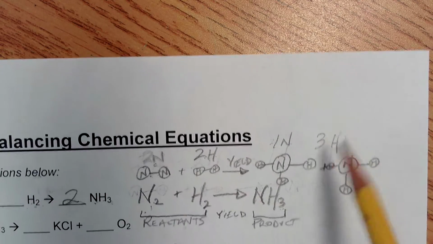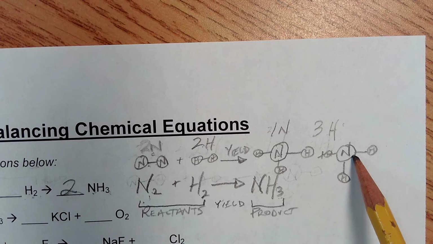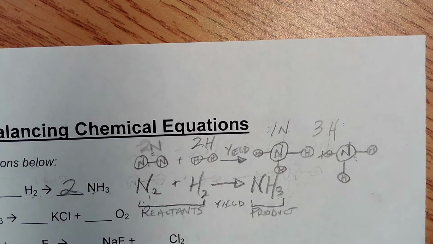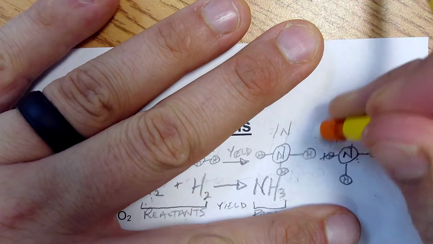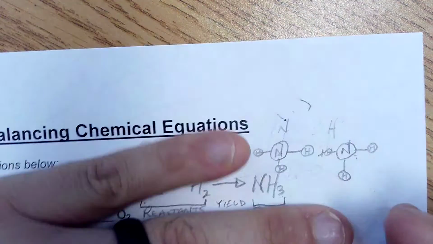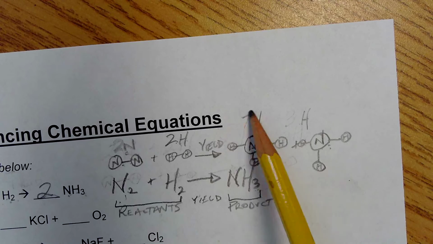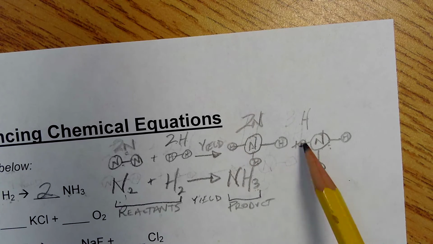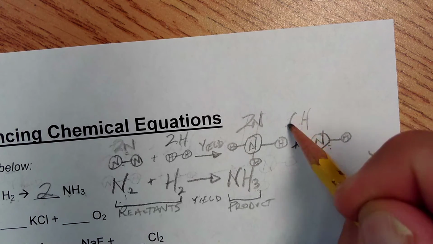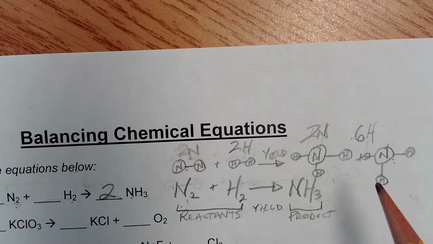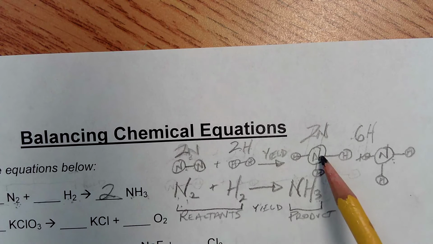Here's 1, and here's 2. And in doing so, I've actually changed the number of hydrogens and nitrogens. Now I have 1, 2 nitrogens, and 1, 2, 3, 4, 5, 6 hydrogens. Now I just satisfied this. Okay, nitrogens. I have 2 nitrogens on the left and 2 nitrogens on the right.